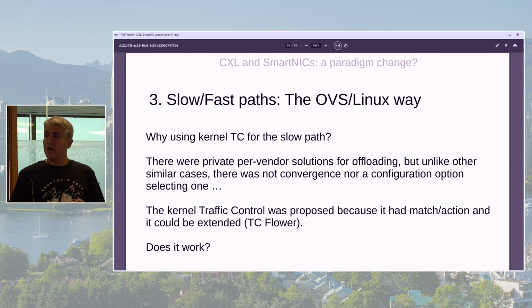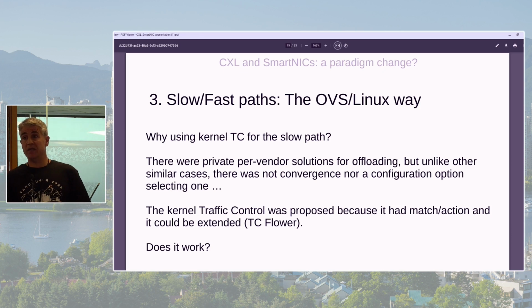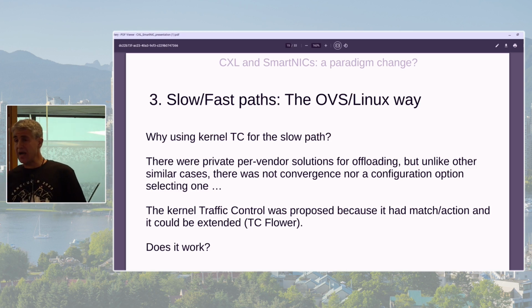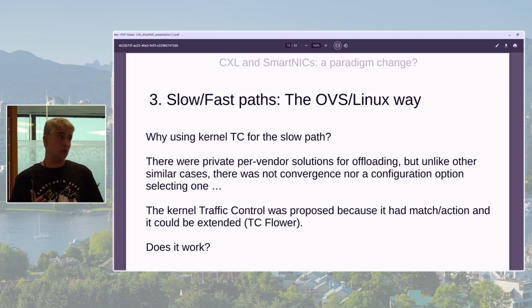Then there was the opportunity for hardware vendors offering this OVS offload, where everything that is done in that switch in the kernel can be done in the hardware, right? And the point was, okay, how can we offload this OVS functionality to the hardware? And at the time, there were several solutions.